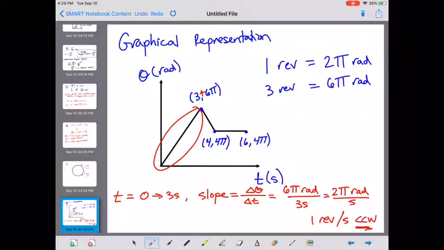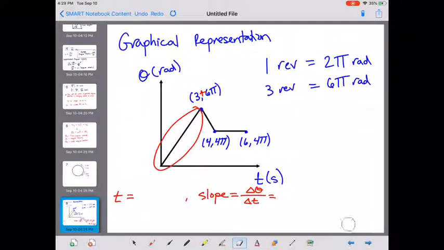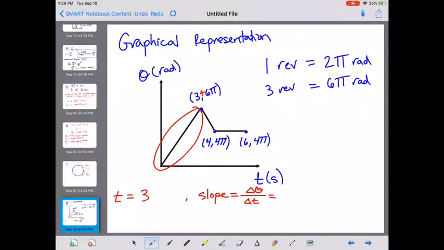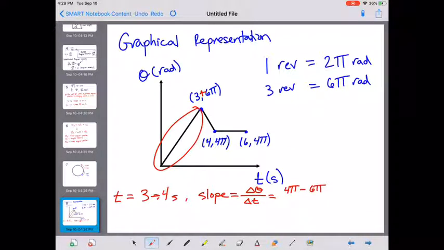Okay? Now, I can do the same thing for these other sections of motion here. So from t 3 to 4 seconds, I'm going to do the same calculation. I started at 6 pi and I ended at 4 pi, and I ended at 4 seconds and started at 3 seconds.